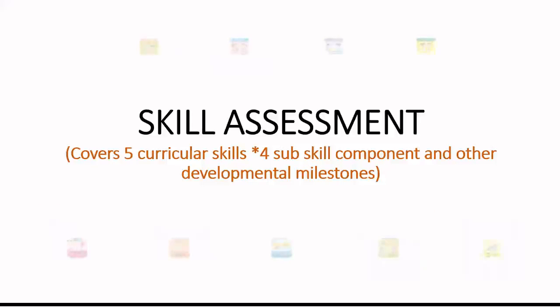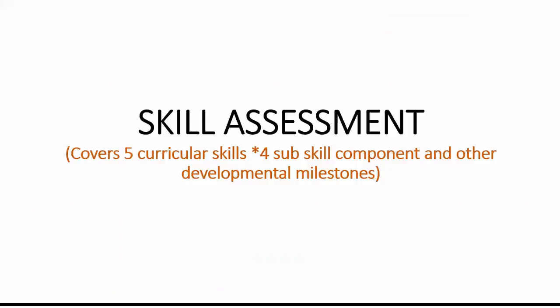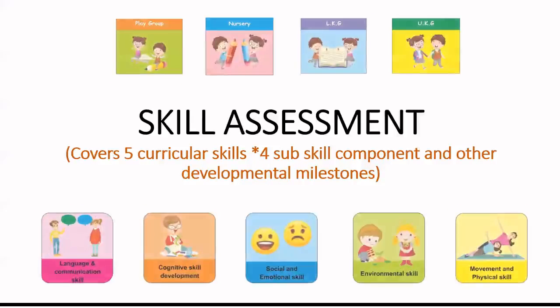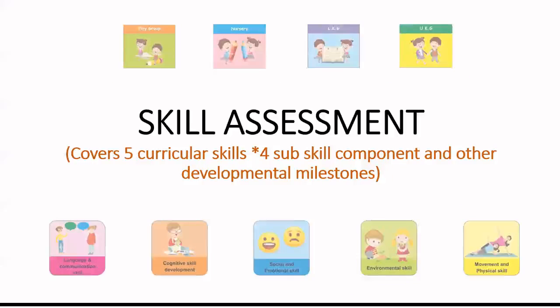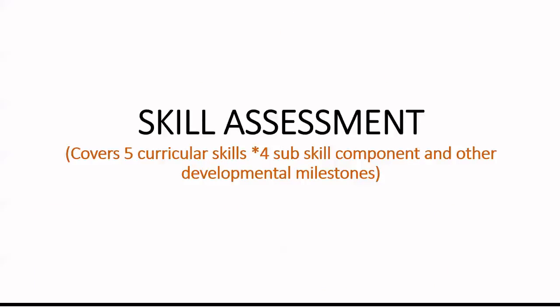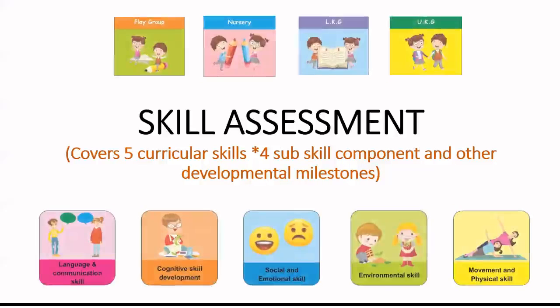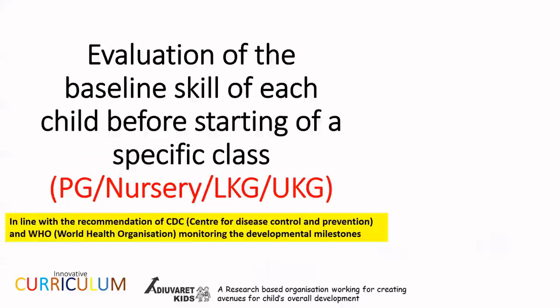And these 20 skills are available for all the 4 classes. May it be playgroup class, which is 2 to 3 years age children, nursery, which is 3 to 4 years, LKG, which is 4 to 5 years, and UKG, which is 5 to 6 years. For each class, we have these 20 skills to be evaluated properly.